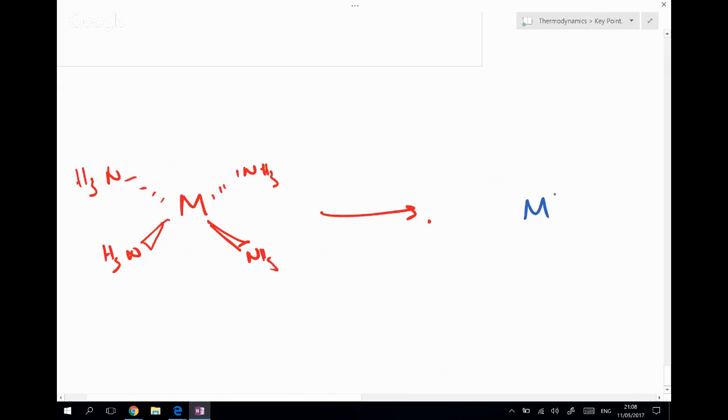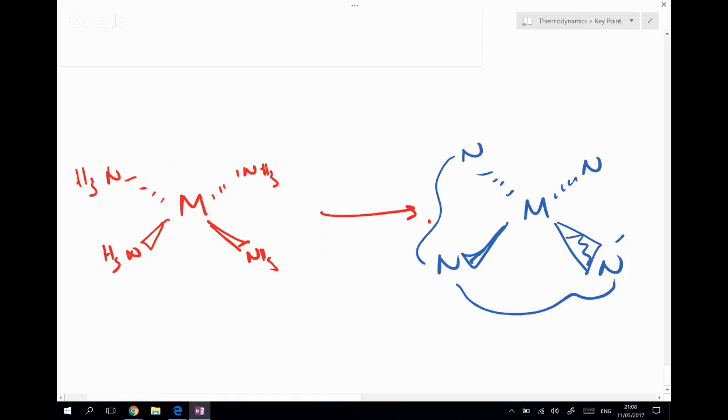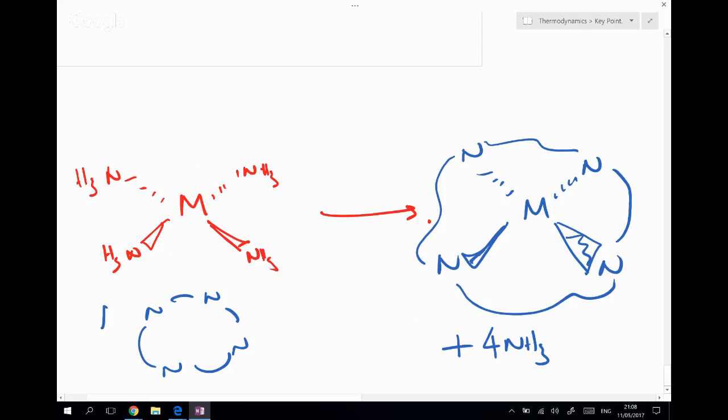Now I'm just going to draw the porphyrin ring as sort of some links. So apologies for not knowing what a porphyrin ring looks like offhand. Okay, so the porphyrin ring is importantly one multidentate ligand, and we get plus 4 ammonias. And we've got here nitrogen, porphyrin ring. There we go, with our metal, and we've just got one of those.